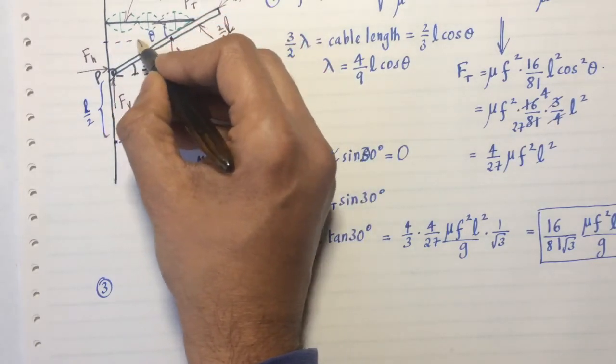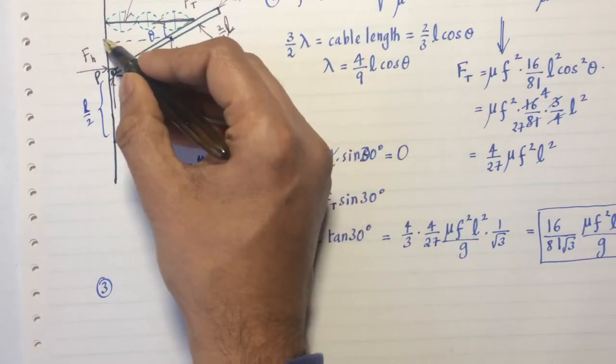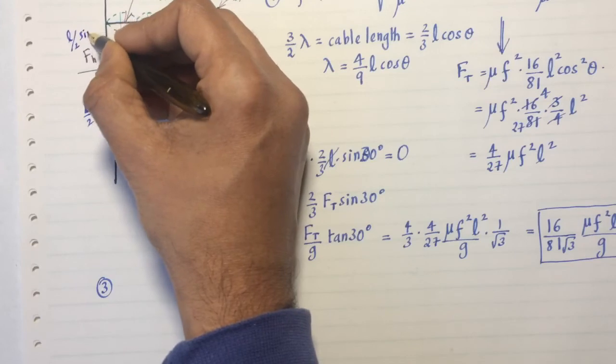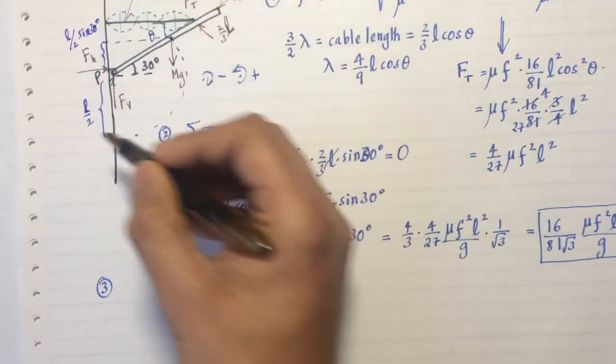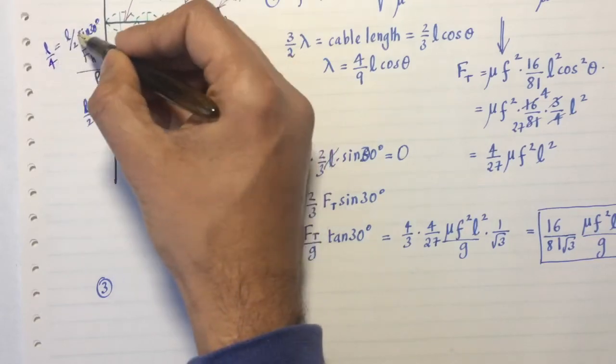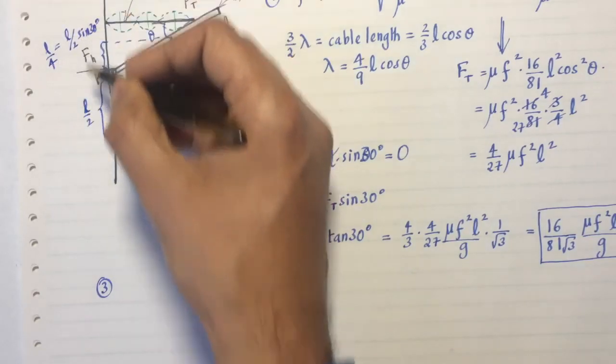And this part, well, that's L over 2 sine theta, or sine 30 degrees, which is half. So that's L over 4. L over 4 plus L over 2 is the total loss of potential energy, total loss of height.